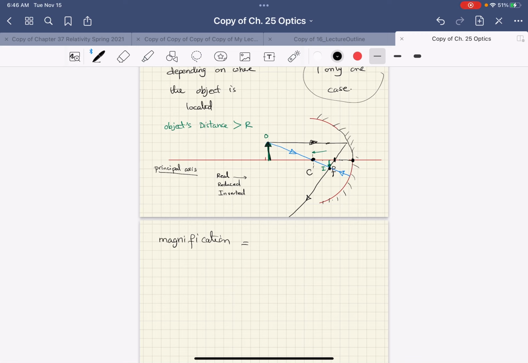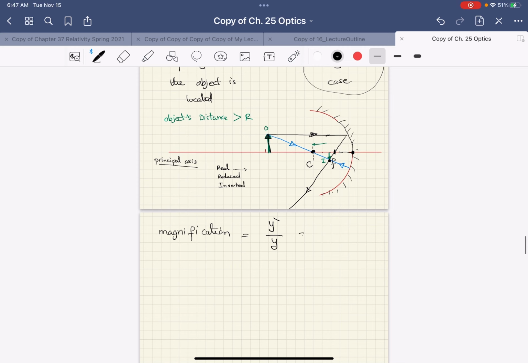Magnification is defined as the height of the image divided by the height of the object. This is the image's height, and this one is the object's height. We use a lowercase m for it.